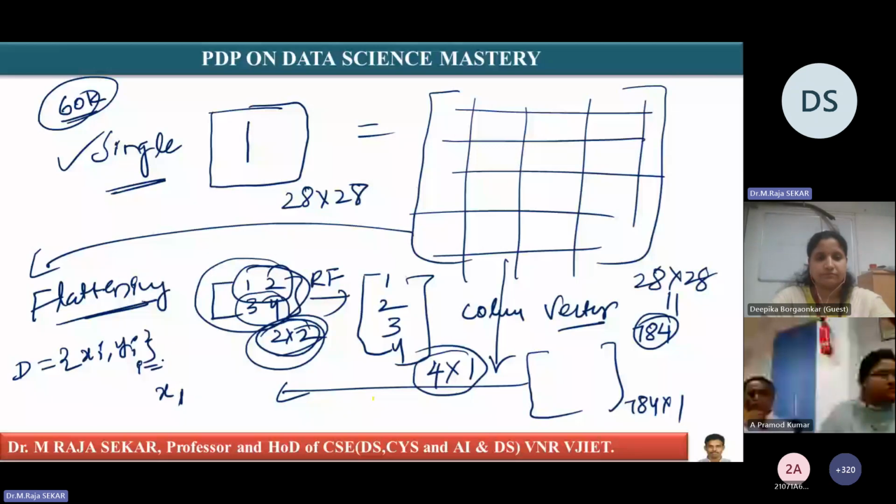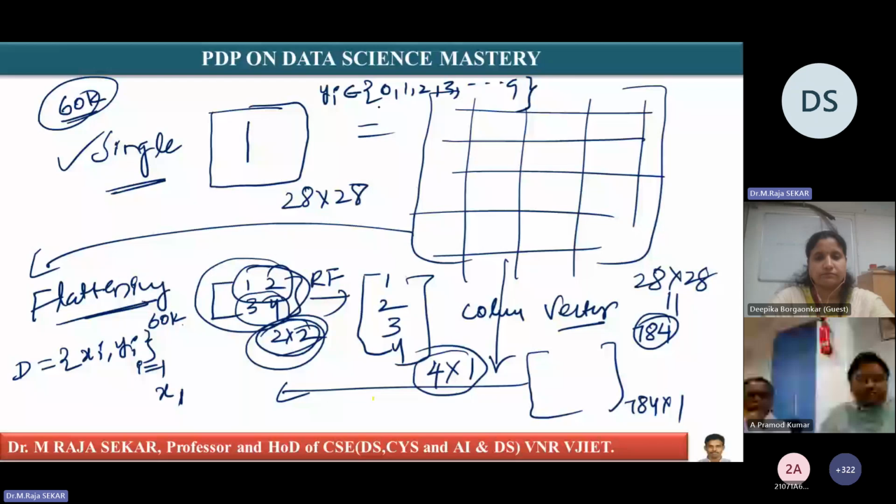What does it mean? In my data set, I have 60,000 images: X1, X2, and so on up to X60,000. What is my Yi here? Yi means labels. How many labels are there? 0, 1, 2, 3, and so on up to 9. Your digit may belong to any one of these labels, 0 to 9.